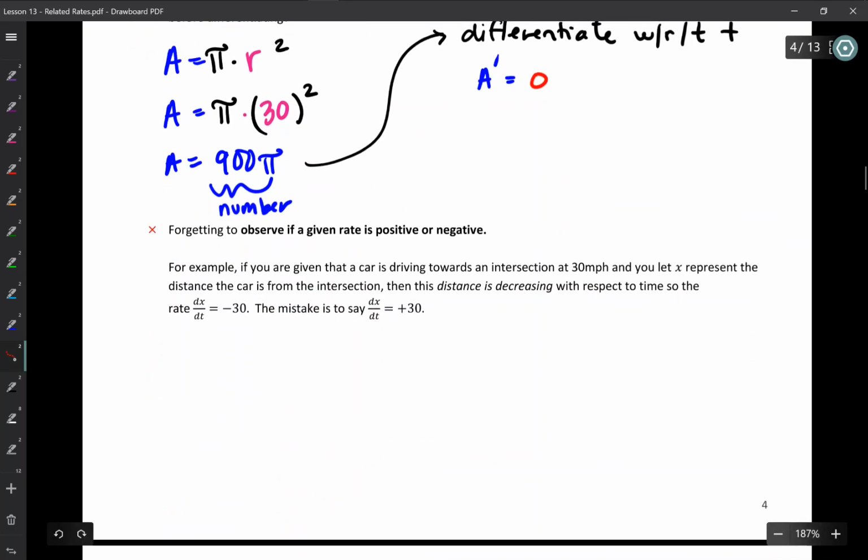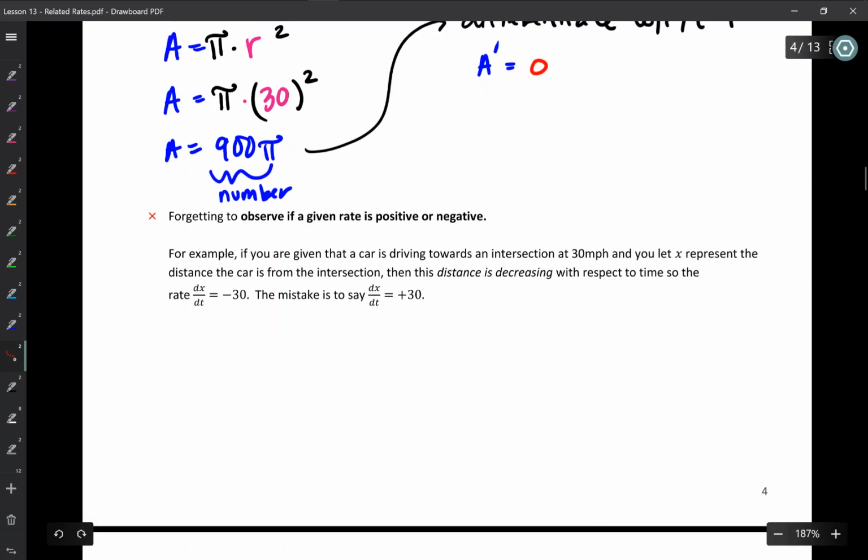The second really common mistake is to not notice if a rate of change that they gave you was positive or negative. So a totally different example: if you're given that a car is driving towards an intersection at a rate of 30 miles per 1 hour, and if I let x be the distance that the car is from the intersection, well, as I'm driving towards the intersection, the distance that I am from the intersection is decreasing with respect to time.